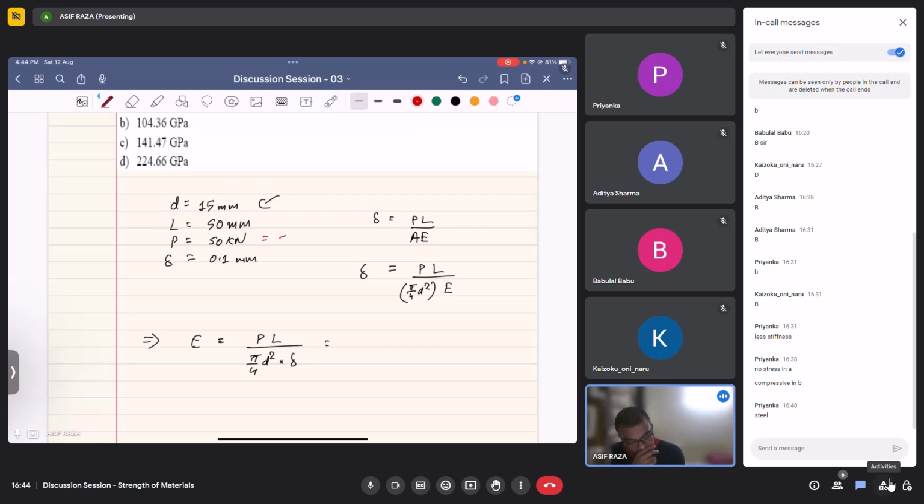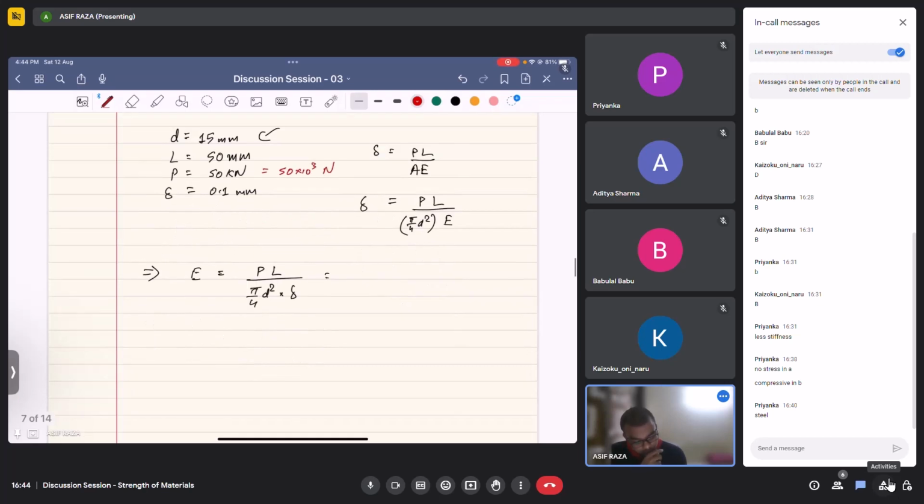This would be 50 into 10 to the power 3 Newton, while others are in mm only. So 50 into 10 to the power 3, length is 50 mm, upon pi by 4 d square, which is 15 square into 15.